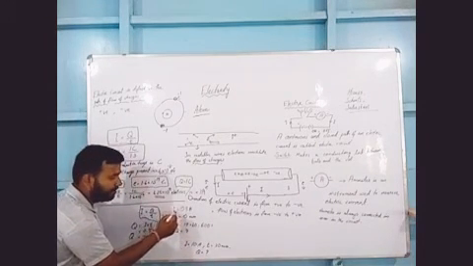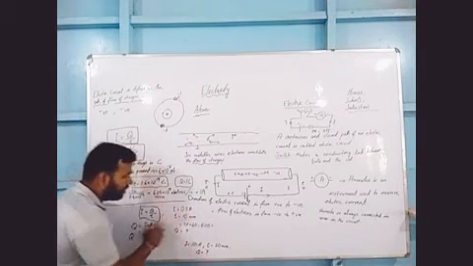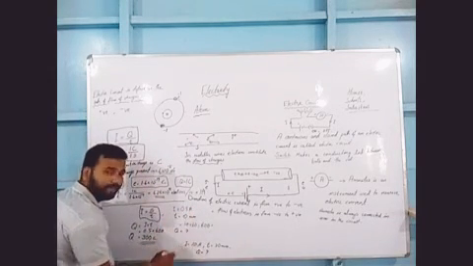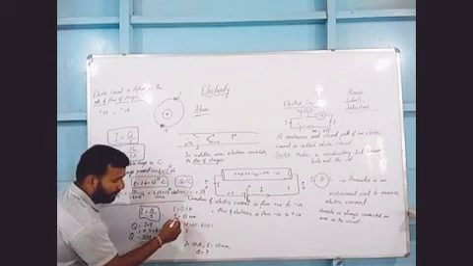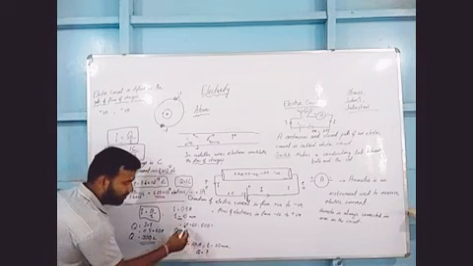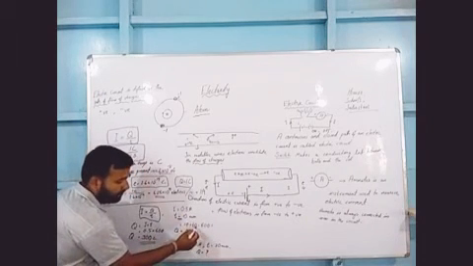This question is there in your textbook. Here time we need to convert into seconds. 10 into 60, that is 600 seconds.